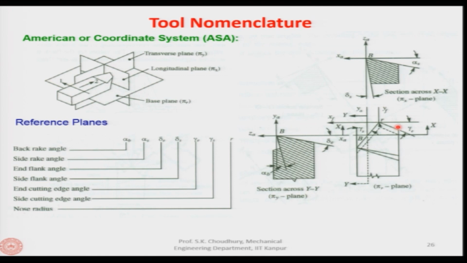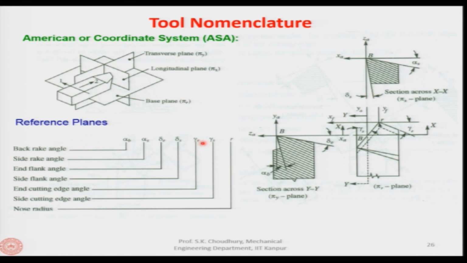These are the 6 angles by which the tool is defined or the nomenclature is given, and the sequence is the following: first this angle is defined, that is called the back rake angle. Second is the side rake angle, it is here in the XX section. Next is the end flank angle, which is here in the YY section, and next is the side flank angle, here in the XX section.